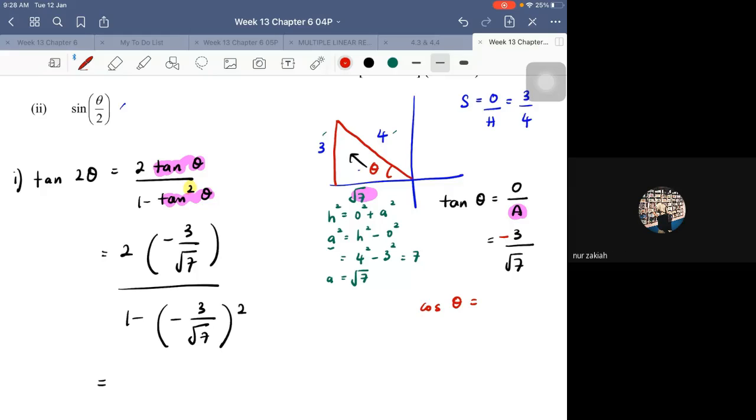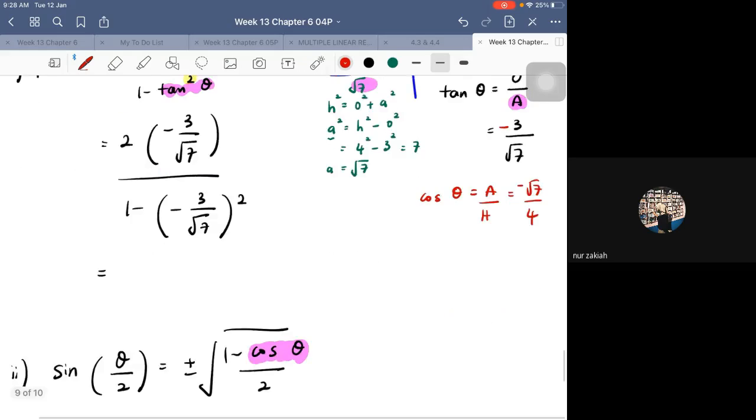Square 7/4. Okay, square 7/4. So thank you. Nilai dia adalah A, which is going to be square root 7, and hypotenuse nilai dia adalah sama dengan 4. And you kena ingat, cos ni kat sini nilai dia sepatutnya adalah negative square root 7/4 sebab dia dalam second quadrant.